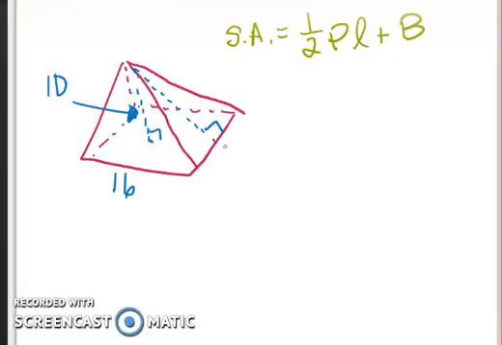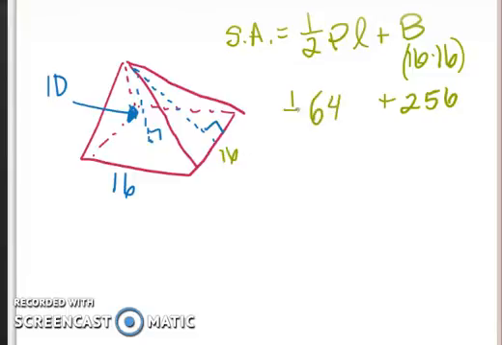Our base is going to be 16 times 16, the area of a square, which is 256. Plus, perimeter is going to be 16 plus 16 plus 16 plus 16, or if you like to save a little bit of time, 16 multiplied by 4. There's 4 sides, and that's going to be 64, and we're going to take 1/2 of that.